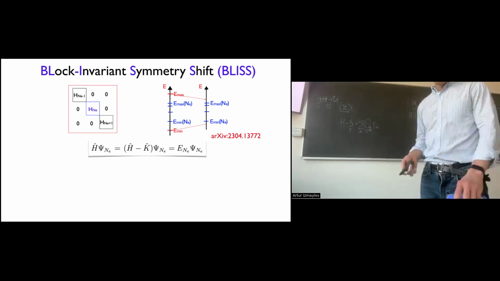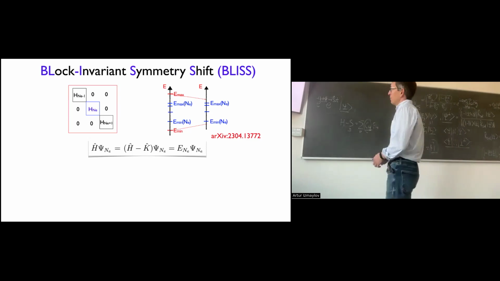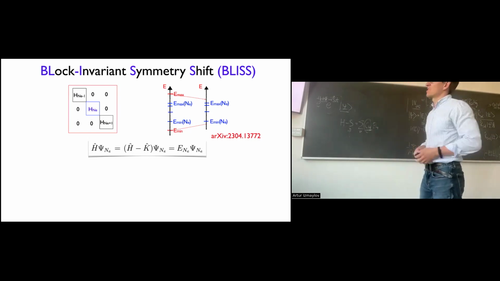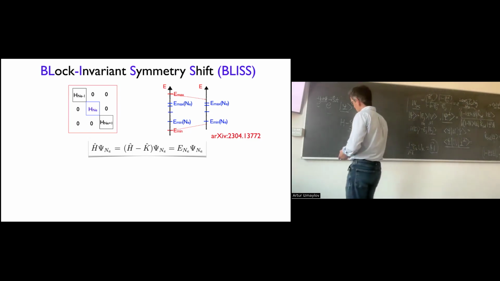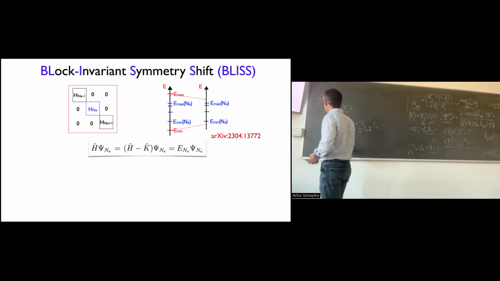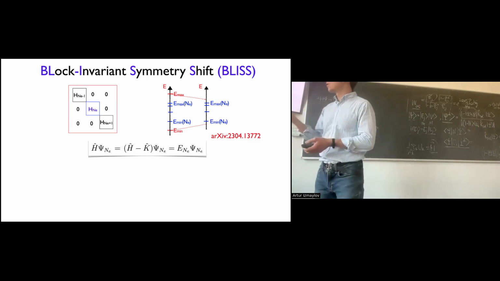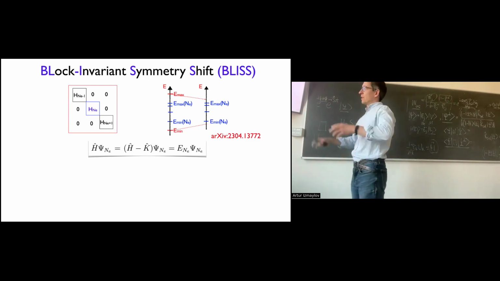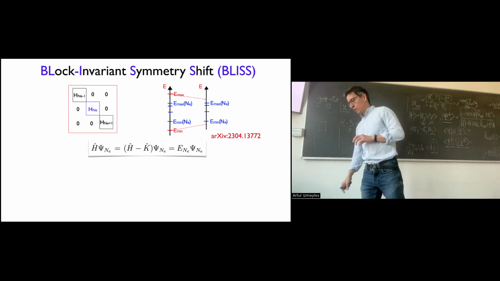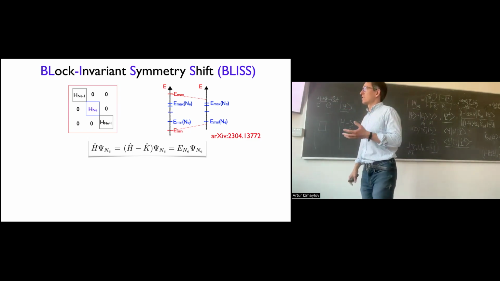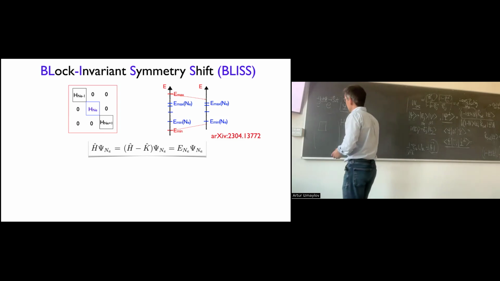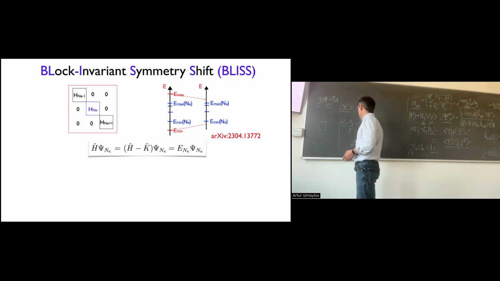Then we realized that we can go beyond symmetries, because what is actually happening with symmetries or more general constructions is that the Hamiltonian in the Fock space contains multiple blocks. Let's say we focus on a particular symmetry, which is the number of electrons. Then you could see that in the Fock space we have part of the Hamiltonian responsible for getting the spectrum of n electrons, also n plus 1, n minus 1. And all these blocks technically can affect what the spectral range is.